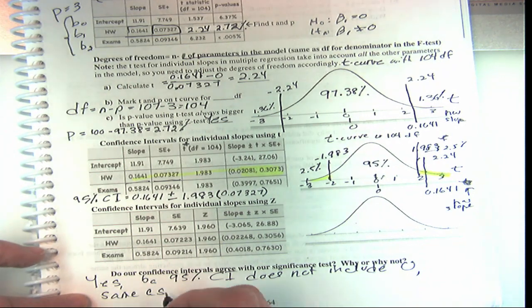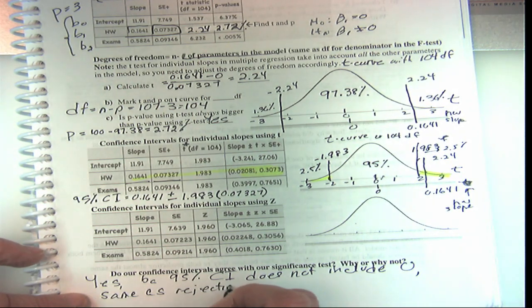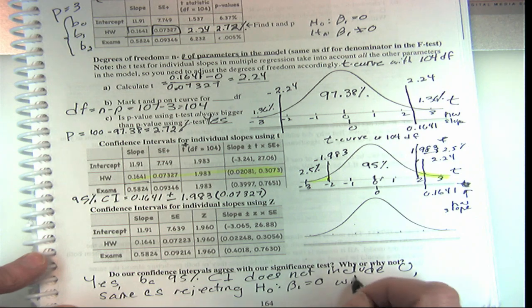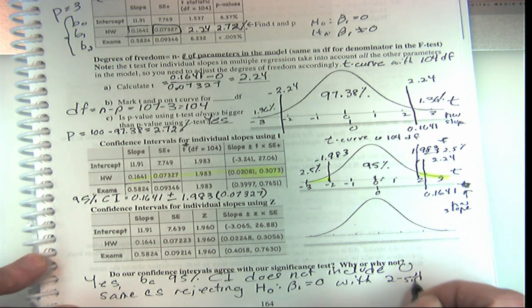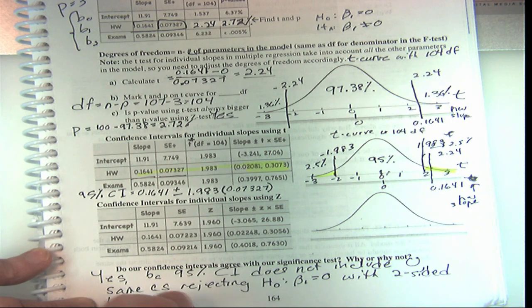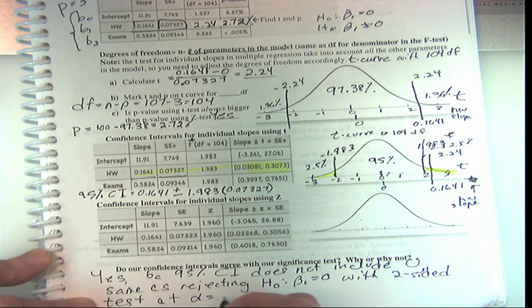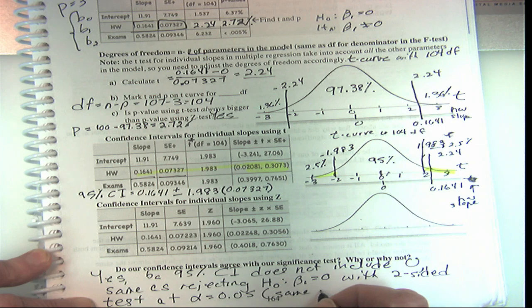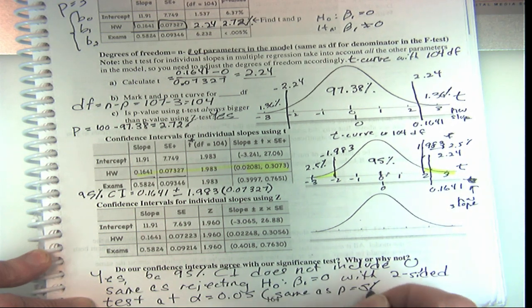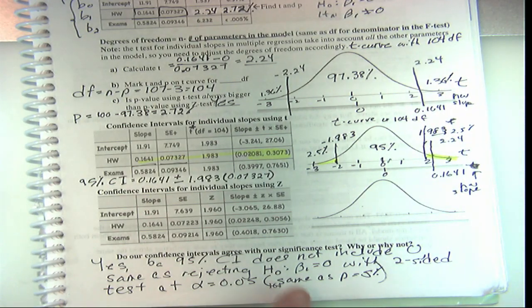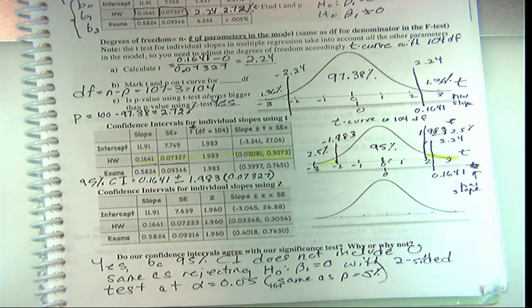So it's the same as rejecting H naught, that our slope's 0 in the population, with a two-sided test at significance level alpha equals 0.05, same as p equals 5%. We got less than 5%. So you can see how those two things are equivalent.